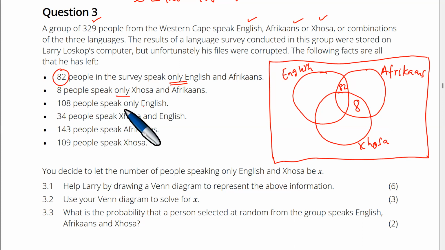108 people speak only English. Only English, 108. 34 people speak Xhosa and English. So if you consider Xhosa and English, there are 34 people.